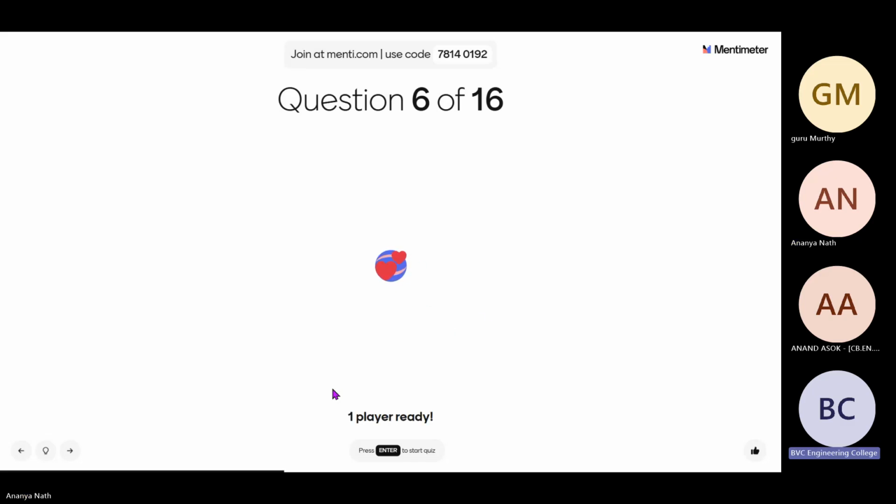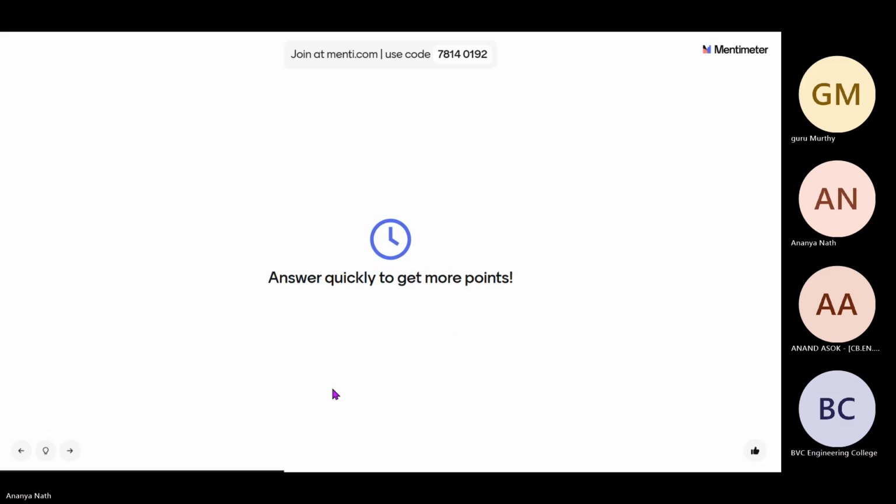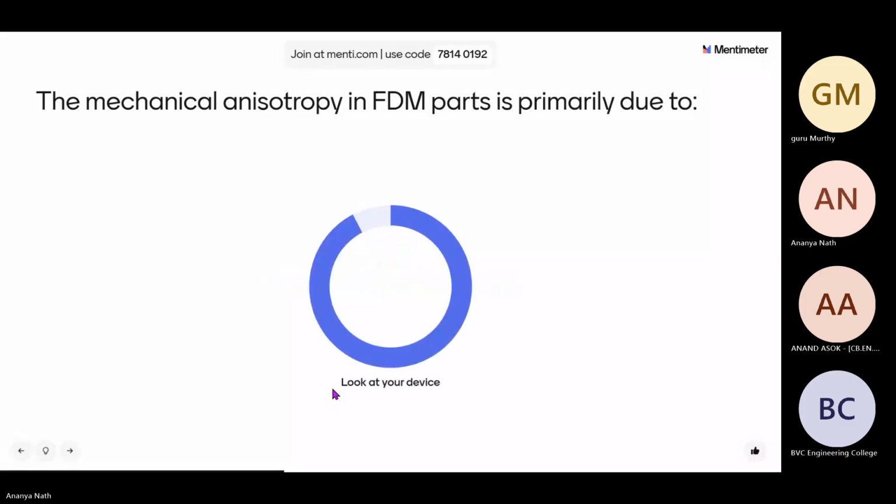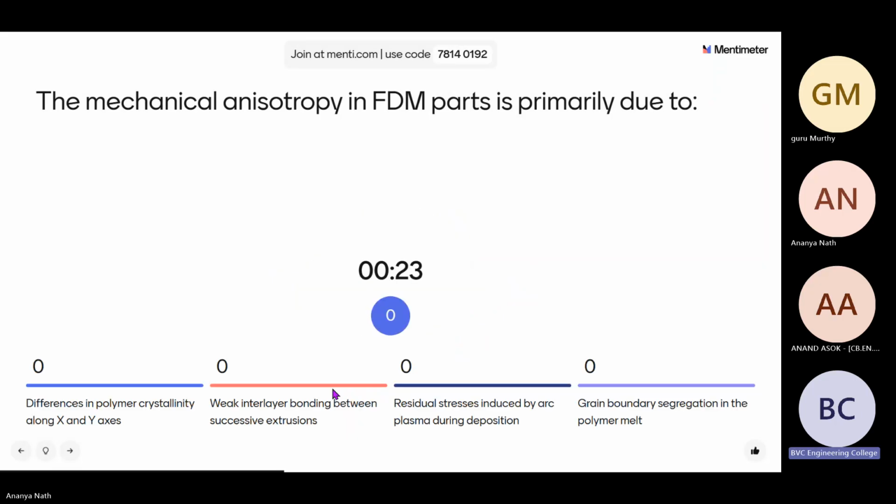Better control. Mechanical anisotropy in FDM is primarily due to mechanical strength.